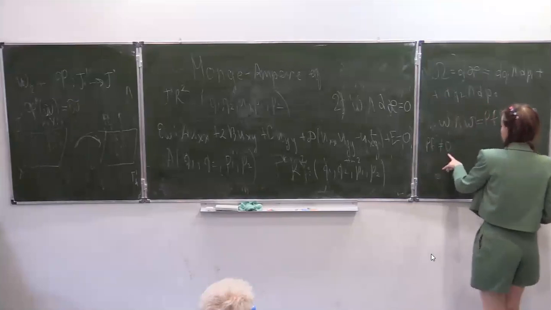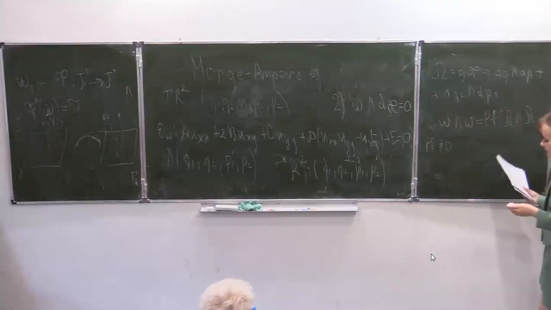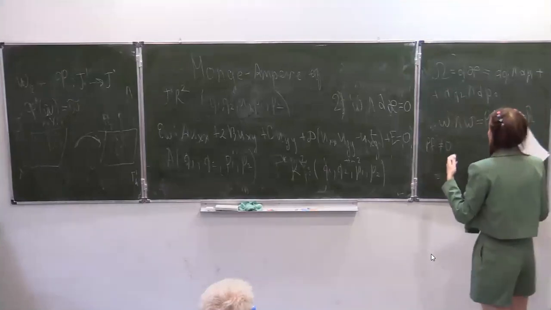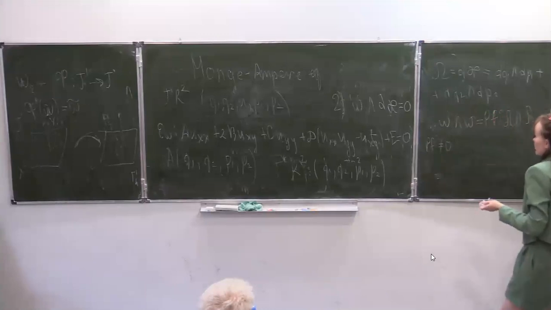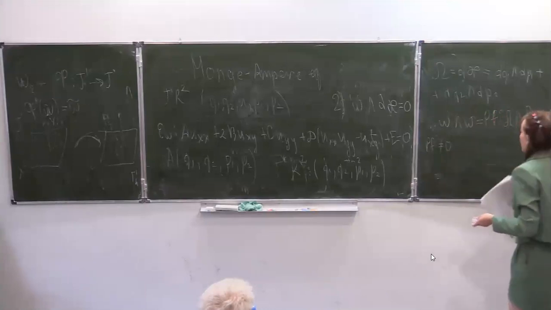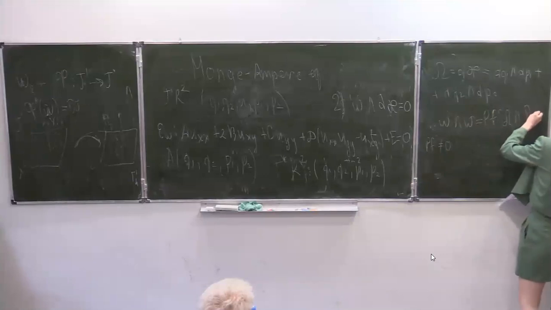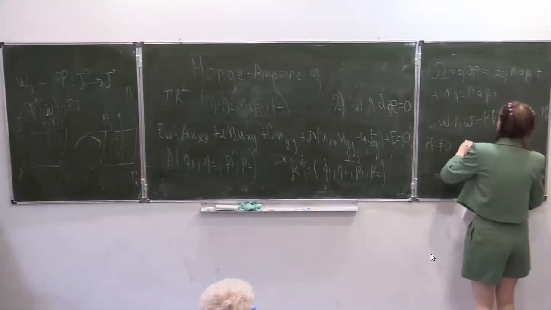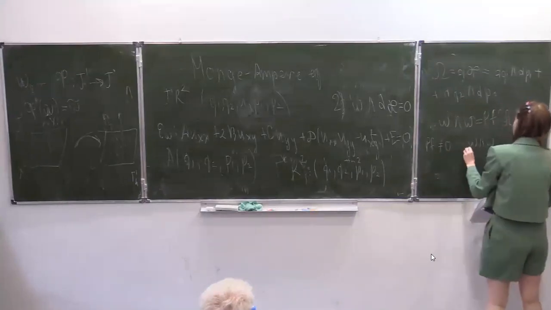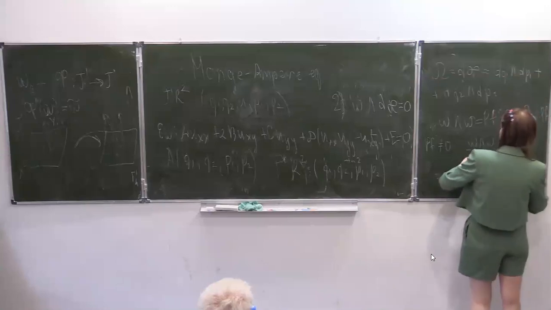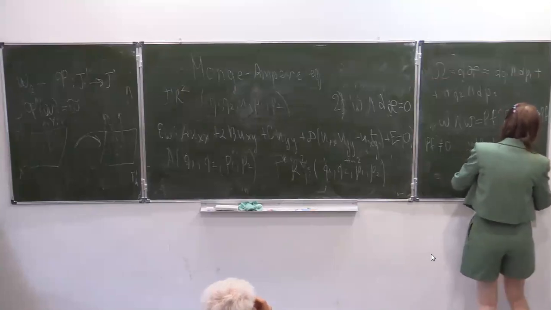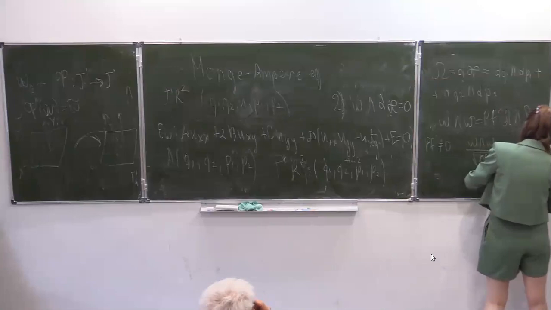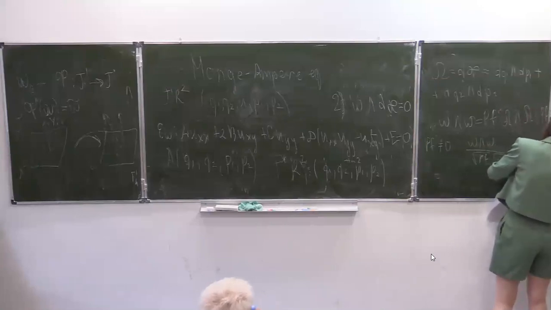If Pfaffian is not equal 0, we can talk about a hyperbolic or elliptic equation, and if we divide it by Pfaffian, we will get a new form.